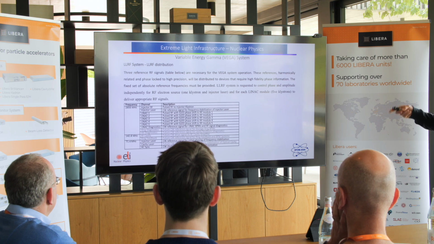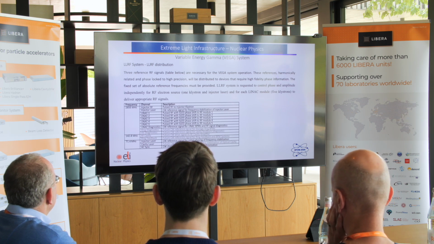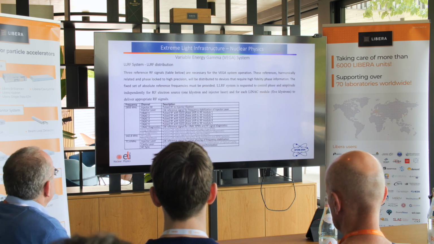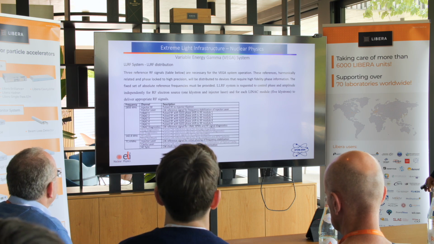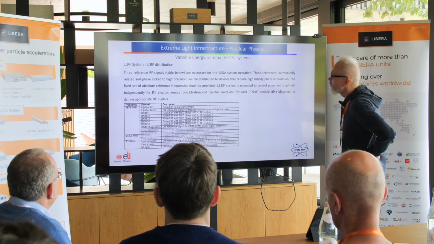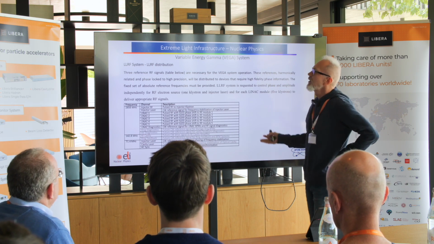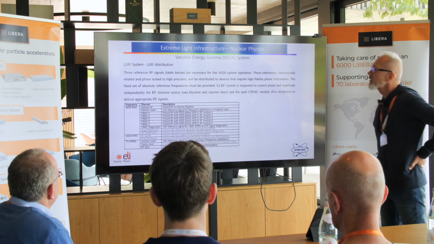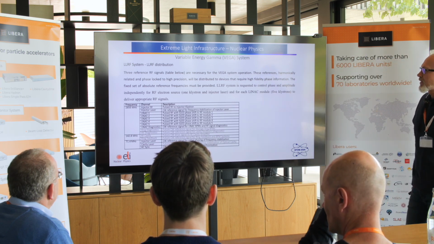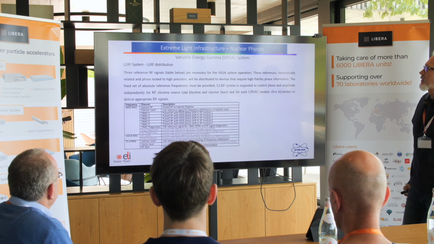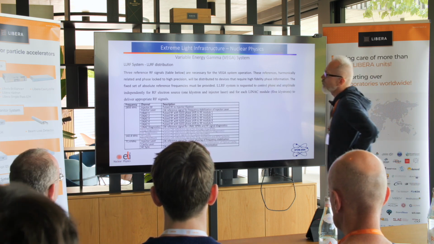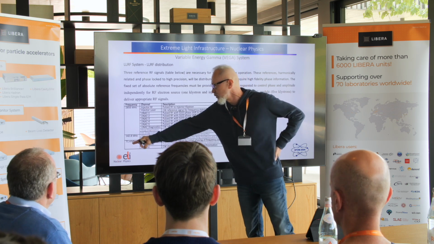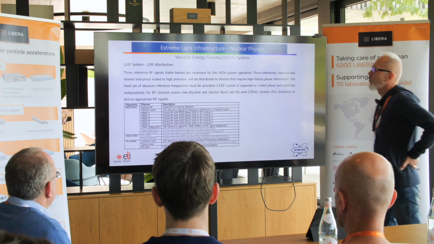So this is the second chapter of the presentation, related to our low-level RF system requirements. Mainly we need 3 levels of frequency in order to operate our network. The main one is 2.8 gigahertz, and the second and third ones are the 20th harmonic and the 40th harmonic of 2.8 gigahertz.